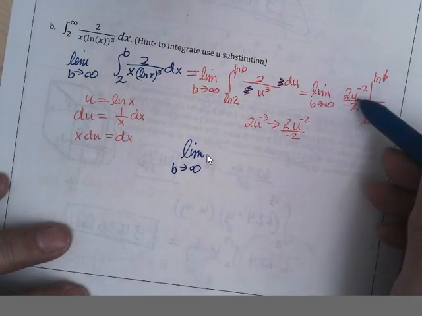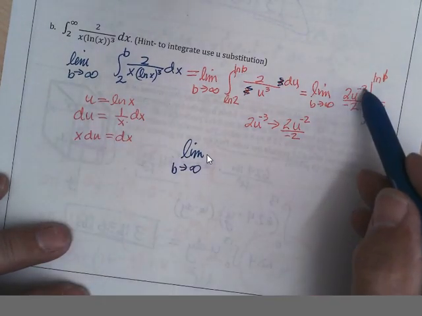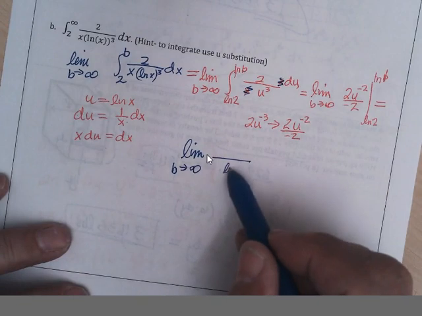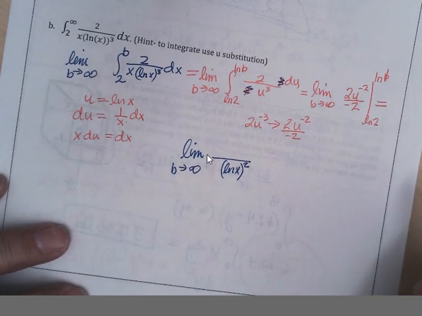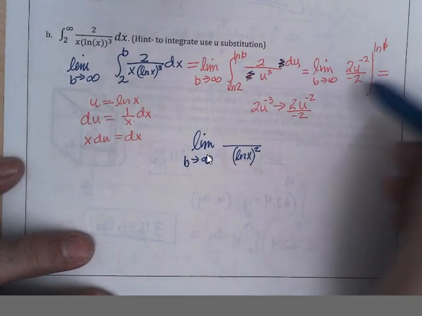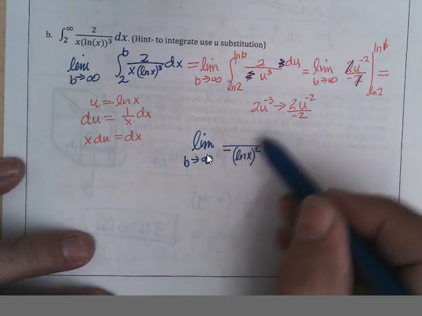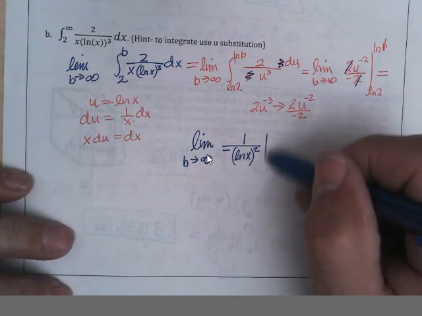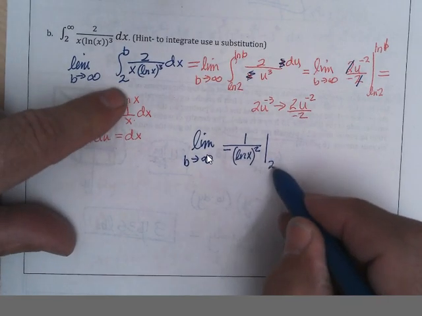If I go back to x's, u is ln x, and it's to a negative 2 power, so it would go in the bottom as ln x to the positive 2 power. And these 2's cancel, but there would be a negative, and so it would be 1 over that. Evaluated now between, back to the original ones, 2 to b.